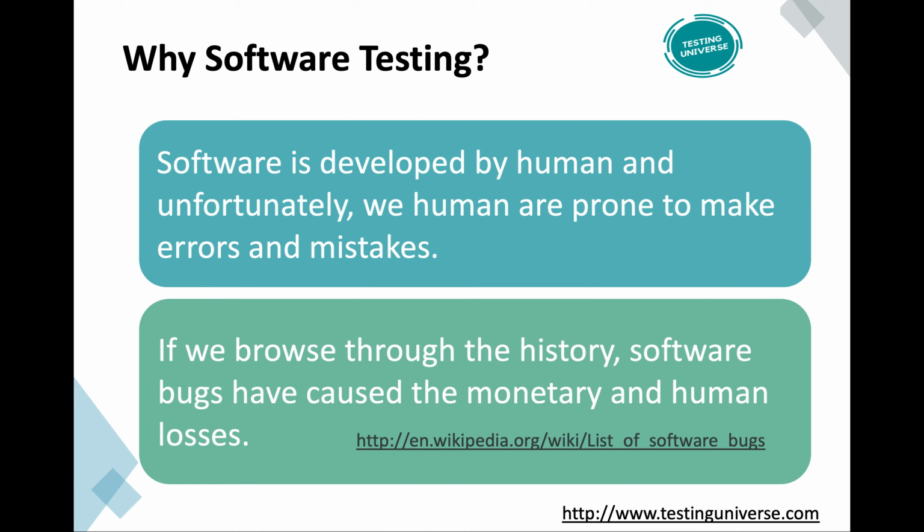So I will just give you this particular Wikipedia link. They have given a lot of history of software bugs that have caused monetary as well as human losses. If you take some healthcare or airline related software, it might have caused human losses also, and a lot of software might have caused monetary losses also.